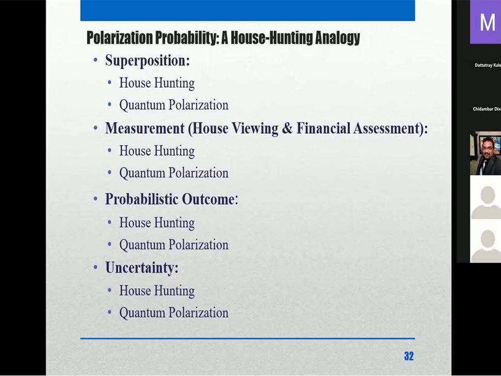This is analogous to a photon being in a superposition of polarization states, existing in a combination of possible polarizations, horizontal and vertical, until it is measured. Considering all combinations, say, for example, quiet neighbors are good, the school is maybe a little farther, but it is in my budget, that may be the polarization and can be the output of my superposition.